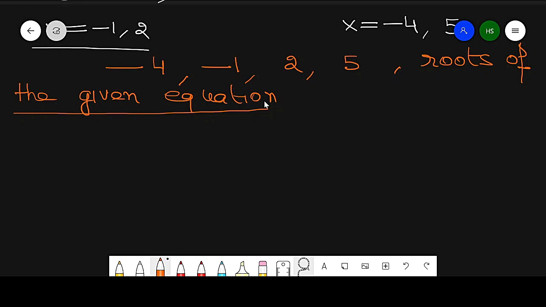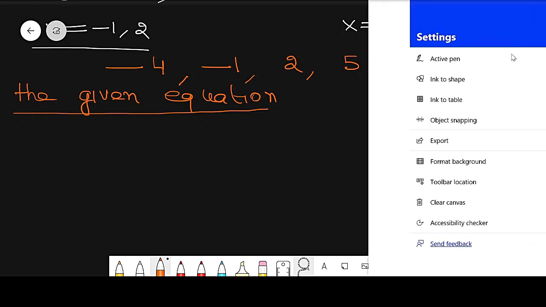After that, the next question is again very important. Two roots are purely imaginary. Solve the equation.